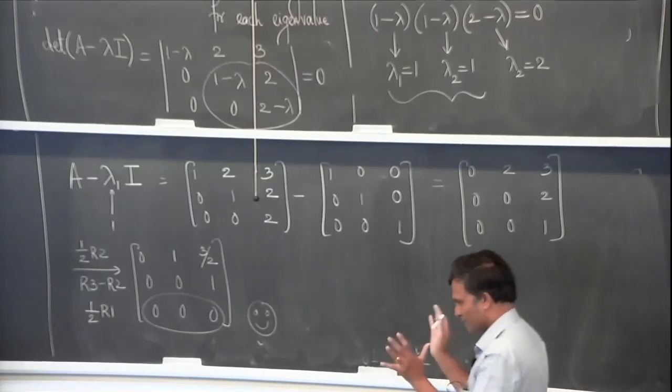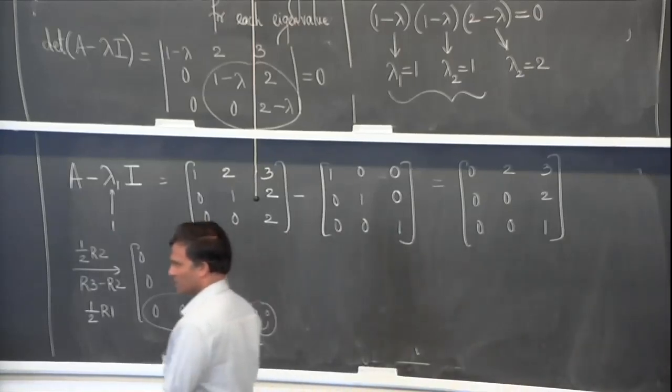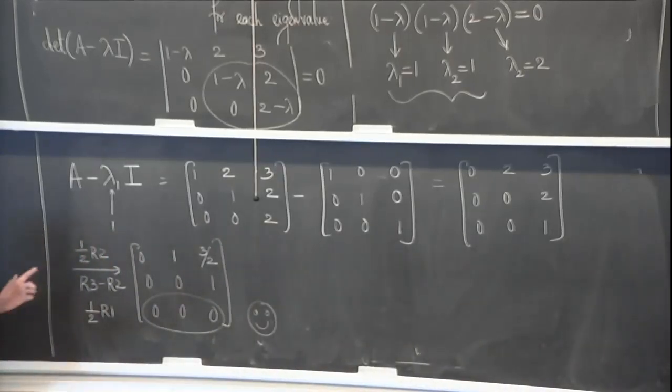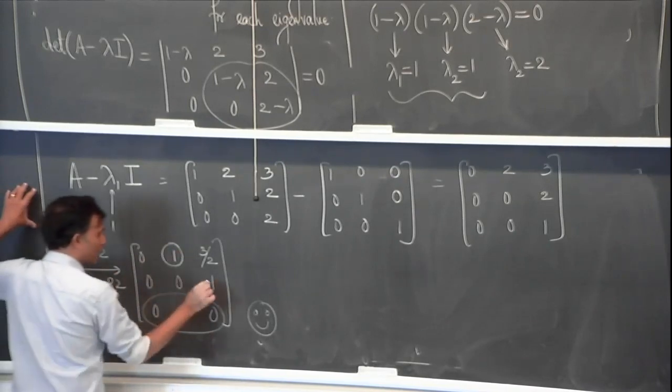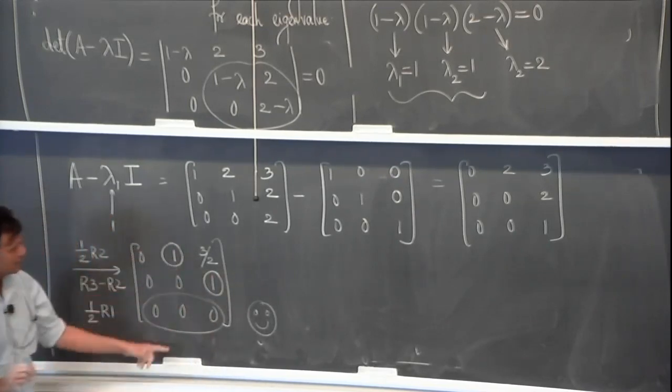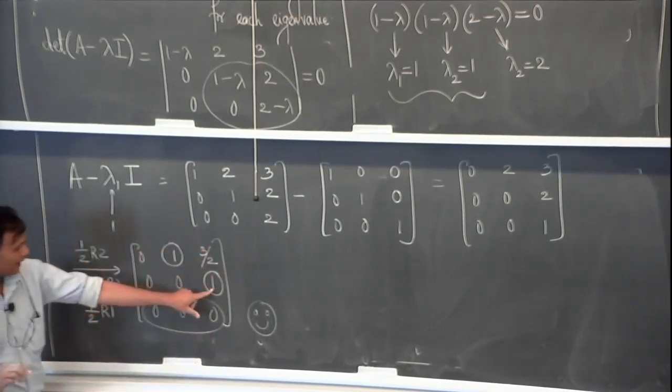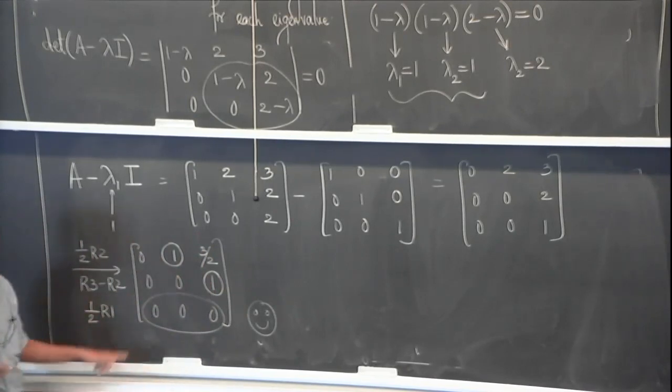It's a little bit awkward this time, because you see the first column is full of zeros. It can be a little bit misleading. Which one is free, which one is basic? X1 is free. The ones with the leading ones are always the basic variables. So X2 is basic, X3 is basic, X1 is free.